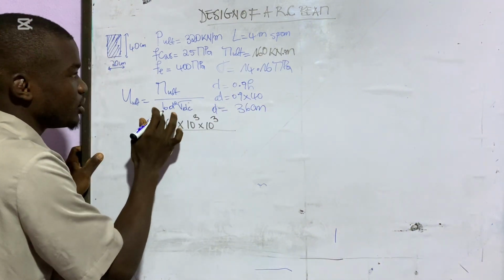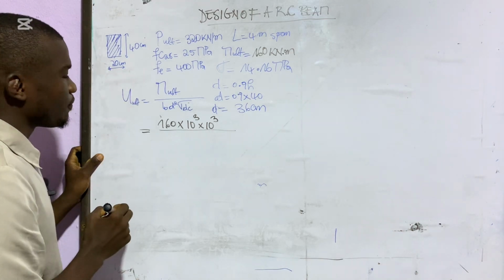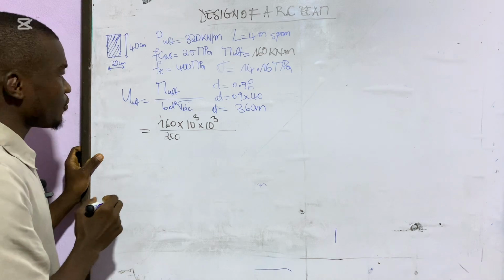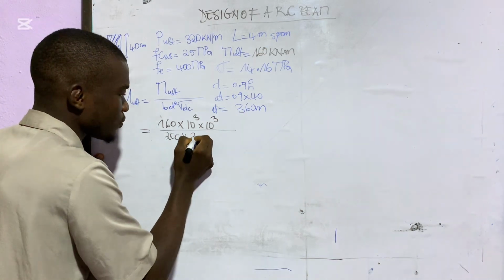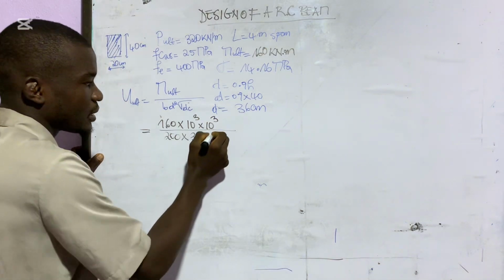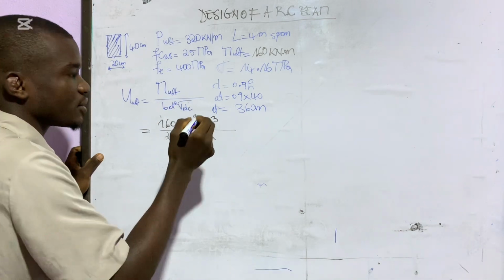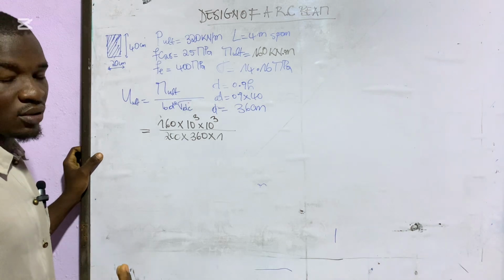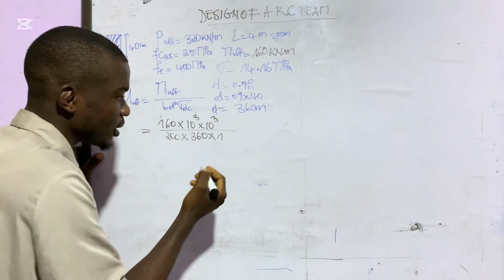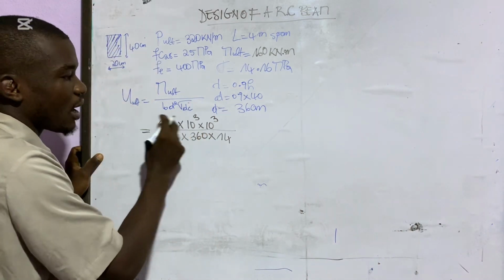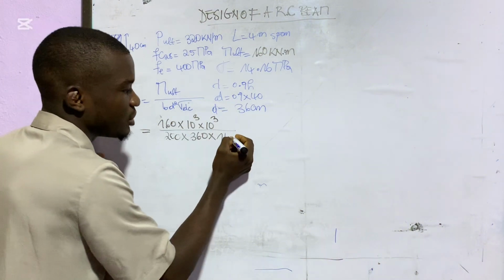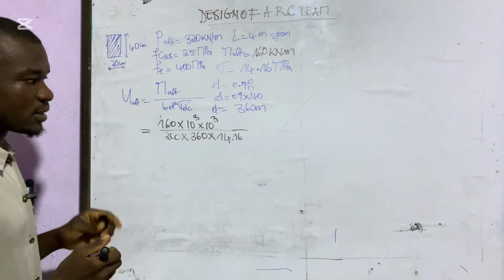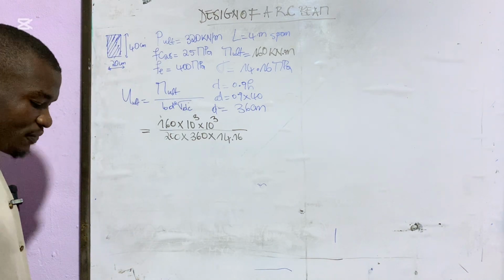Let me write B first, the base of my beam, that's 200 millimeter. The 36 converted in millimeter will be 360, times the design strength of the concrete, which is 14 megapascal. You know that megapascal is also equal to Newton per millimeter square. That's why I decided to convert everything in millimeter. Another person can decide to keep them in centimeter or even in meter.